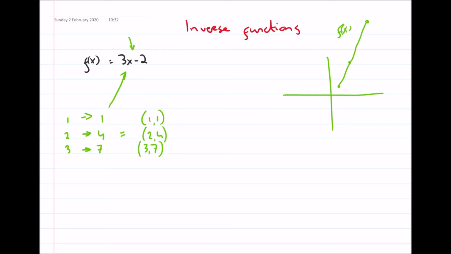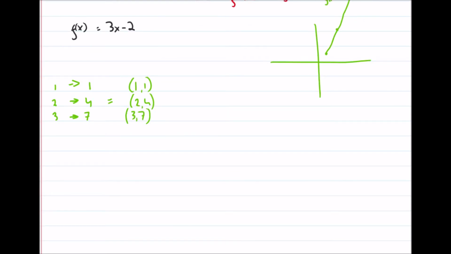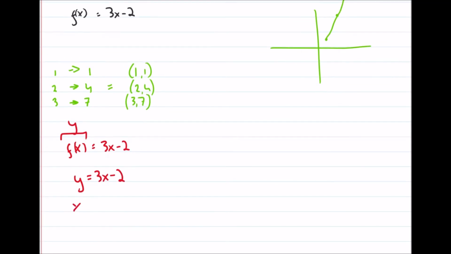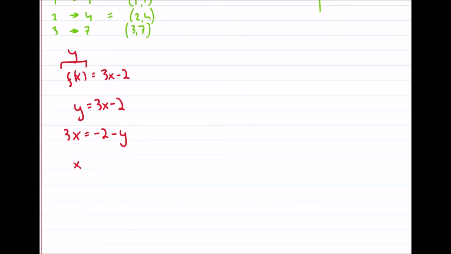Right, if I want to get the inverse of that, then here's what I do. Inverse. Go in red. I first of all take my f(x) function. I call my f(x) y, so I say y equals 3x minus 2. And then I rearrange it so I get x over here. So I have 3x equals y plus 2. So I divide by 3 across, and I would get x equals (y plus 2) over 3.